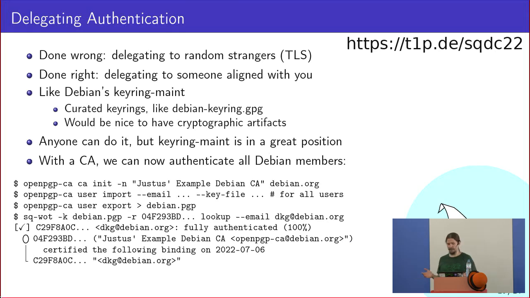And there is a group of people that are in a perfect position to do that in Debian, and that's the Debian keyring maintainers. And what they currently do is curate a set of keyrings, right? And it would be nice, or they could, in the same workflow, create cryptographic artifacts saying, we strongly believe that this association of identity and cryptographic identity is right.